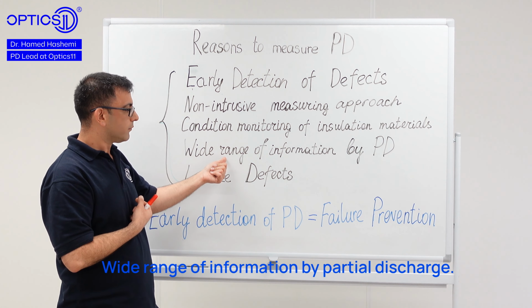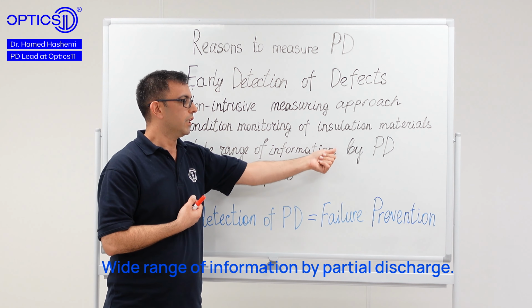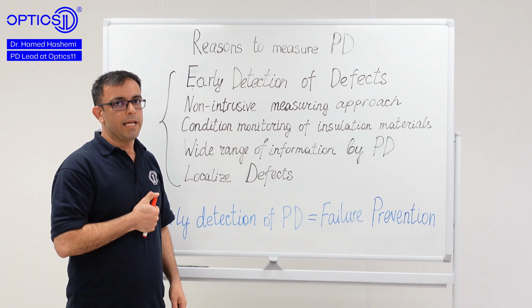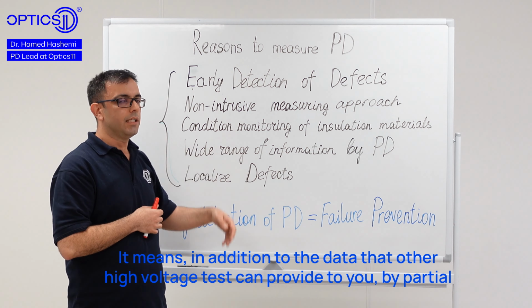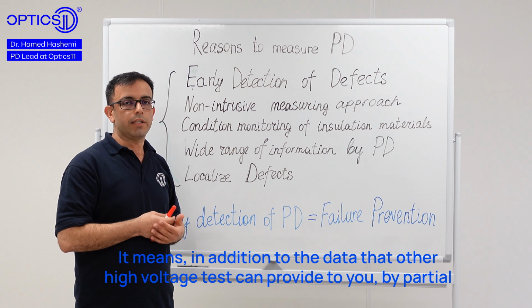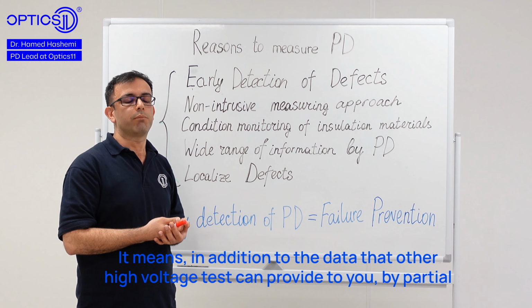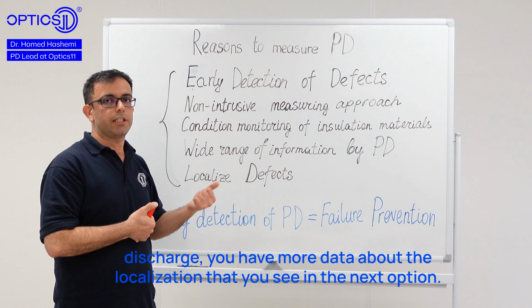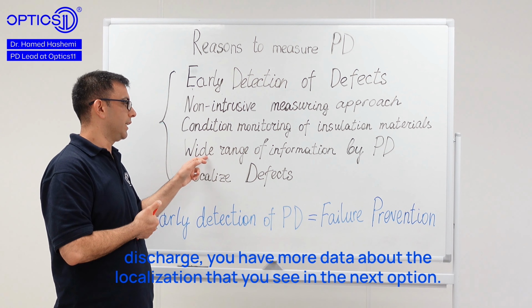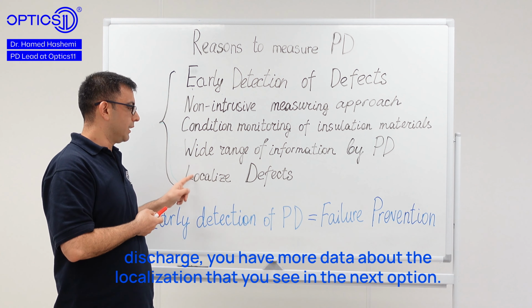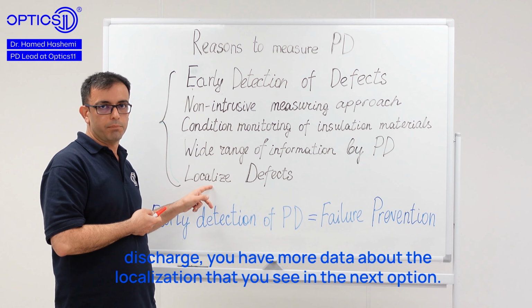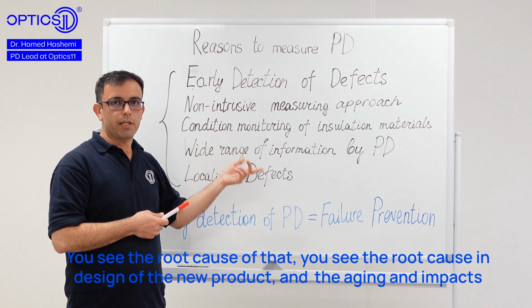Wide zone of information by partial discharge. It means in addition to the data that other high voltage tests can provide to you, by partial discharge you have more data about the localization, which you see in the next option. You see the root cause of that.